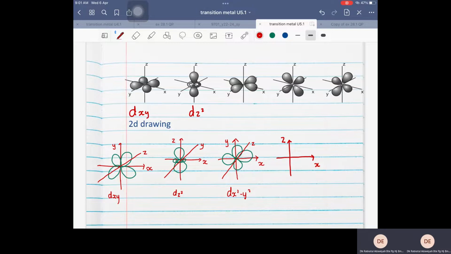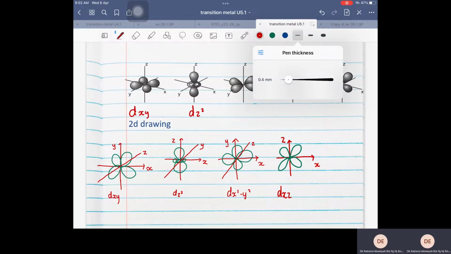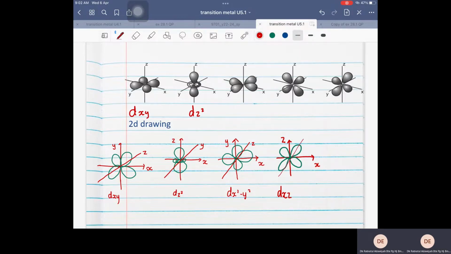Y can be horizontal, x can be vertical, x can be diagonal, whichever. So xz means my orbitals are between the x and the z axis. It does not sit on the x or z axis, nor the y axis. This is my dxz, and I'm missing my third axis, which is y.